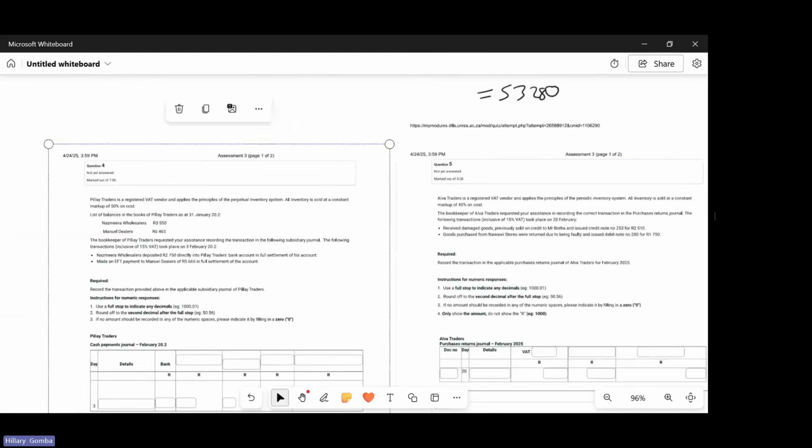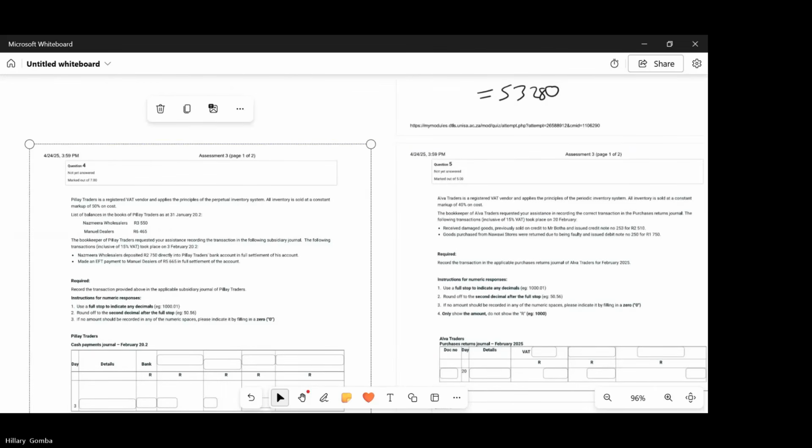Okay. So question 4 is out of 7 marks, and it says PLI Traders is a registered VAT vendor and applies the principles of the perpetual inventory system. All inventory is sold at a constant markup of 50% on cost. List of balances in the books of PLI Traders as at 31 January 2022.